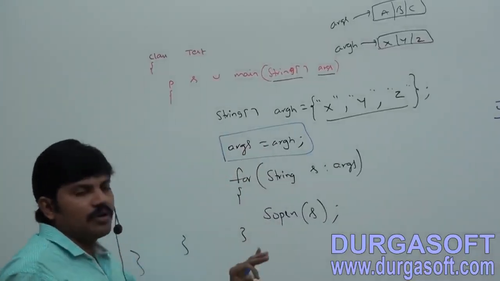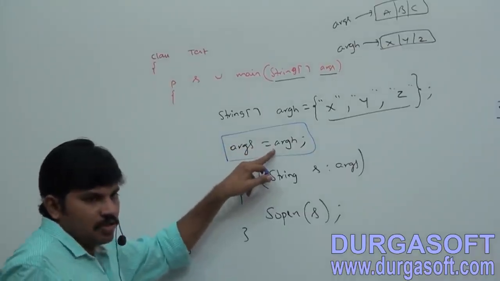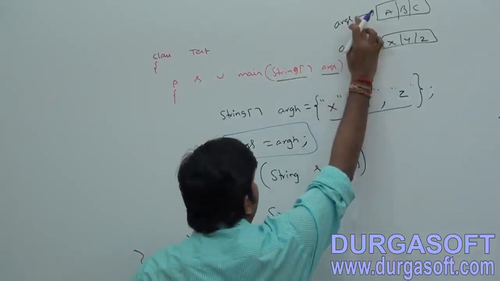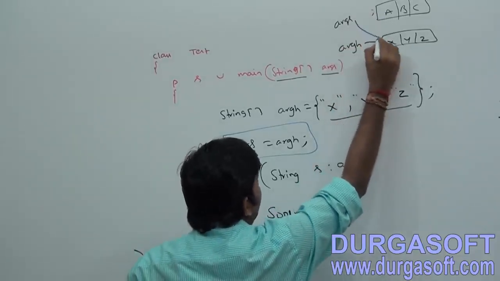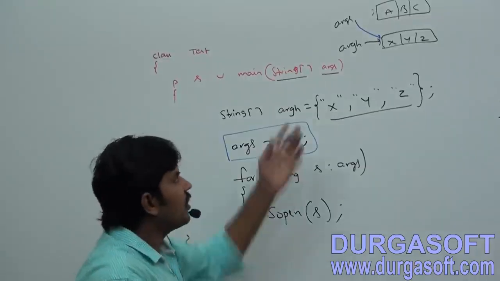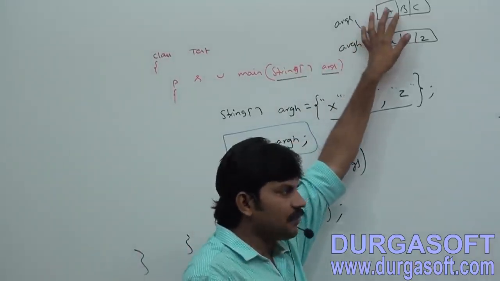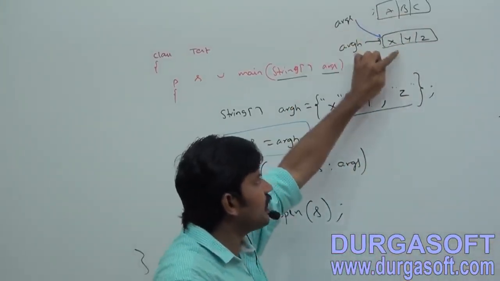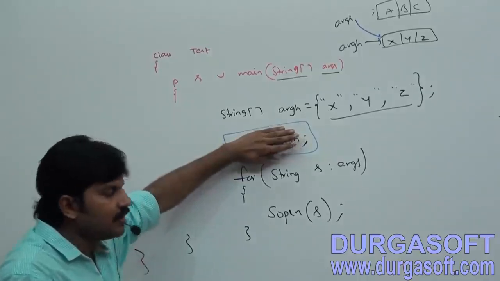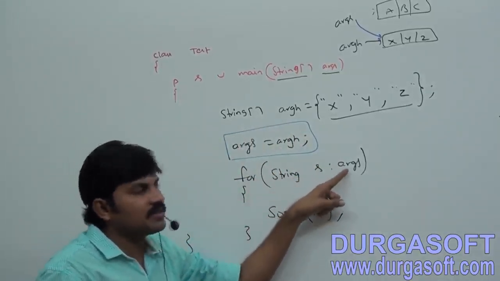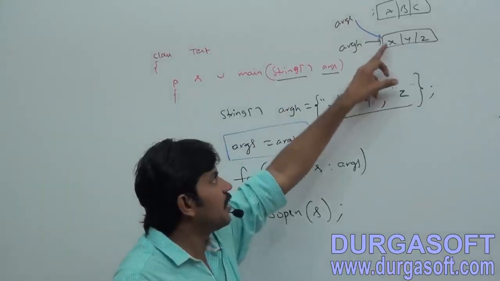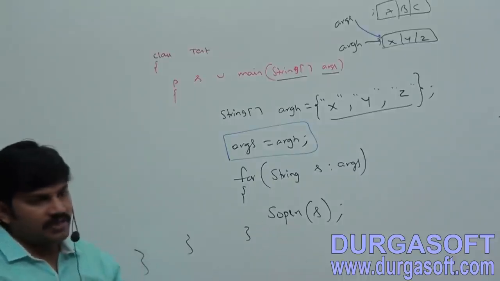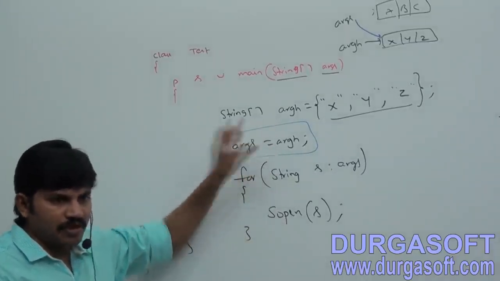Now onwards args is pointing to argh. After this line, args is always pointing to argh. Whether args is ABC, AB or a zero length array, args is always pointing to xyz after this line. That's why for every string s in args, SOP of s gives xyz.